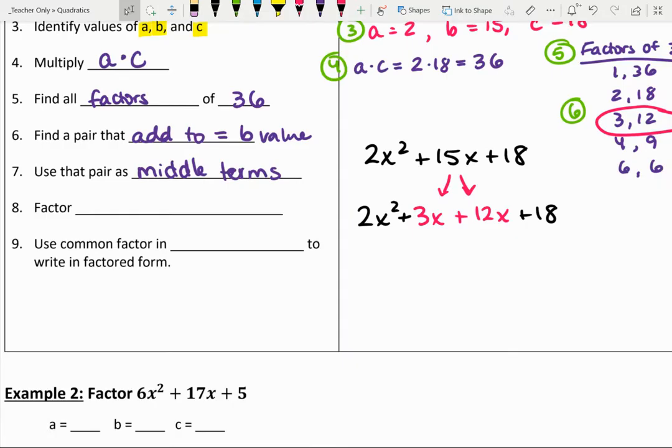And so this should look like our factoring by grouping setup, right? We have 4 terms here, and we can split it up into pairs and factor by grouping.